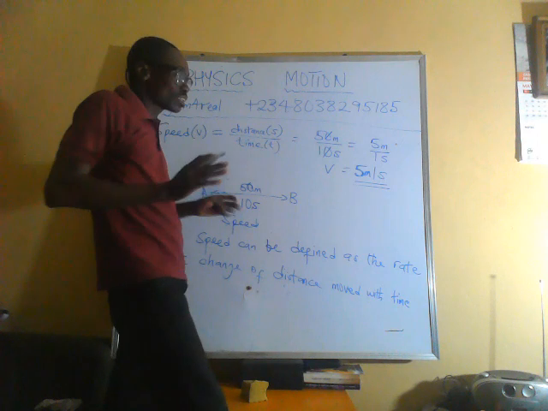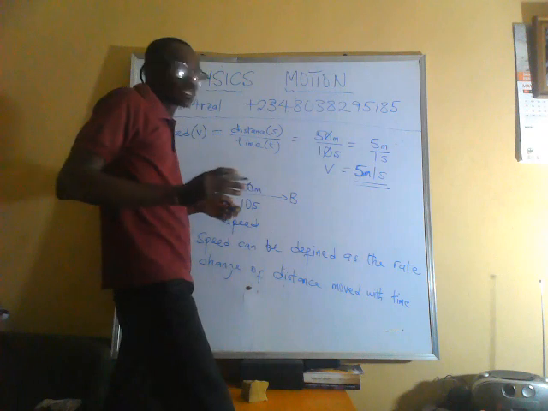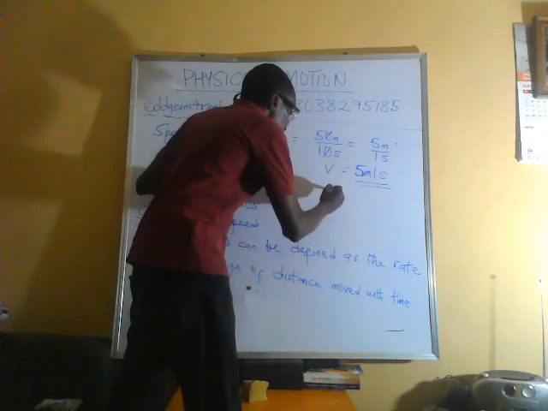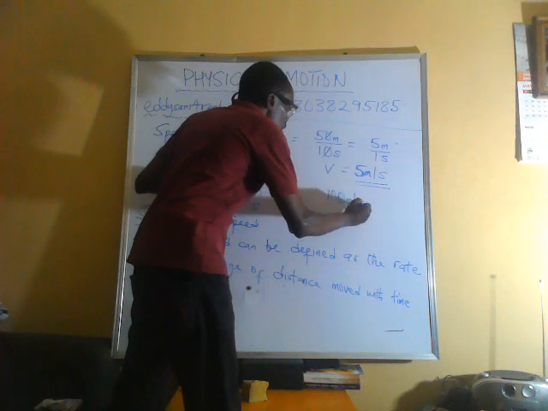Let's assume they say that the speed at which a car drove off was 100 meters per second.